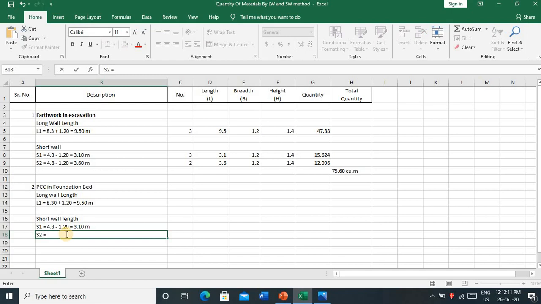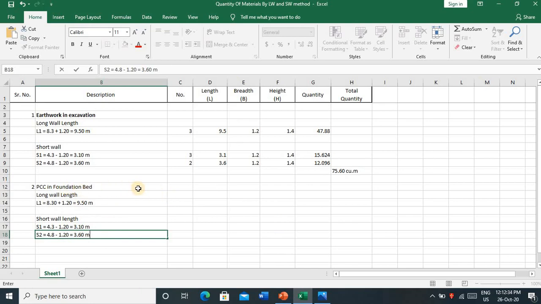For short wall 2, again 4.8 is the short wall length minus 1.20 width of item, which comes as 3.60 meter. Okay, so we have calculated these short wall and long wall lengths again.